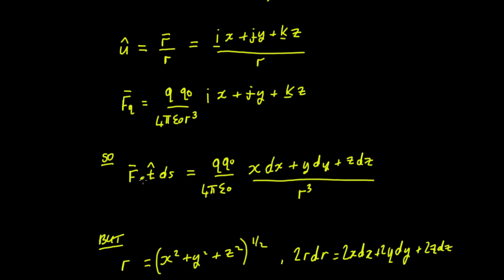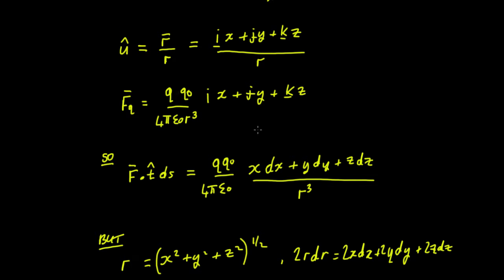We dot product that with the tangential component, which has i dx by ds plus j dy by ds plus k dz by ds. The i components multiply to give 1, so we're just left with x, and the ds's cancel out.